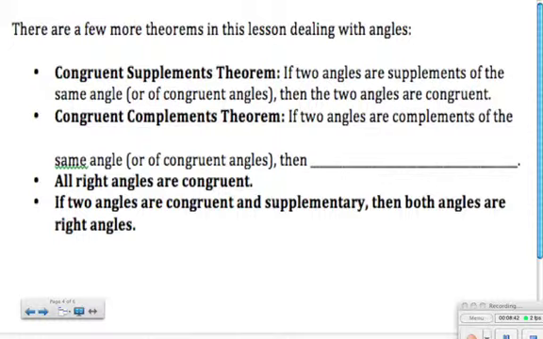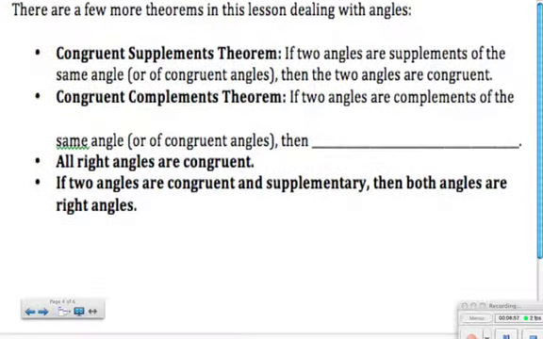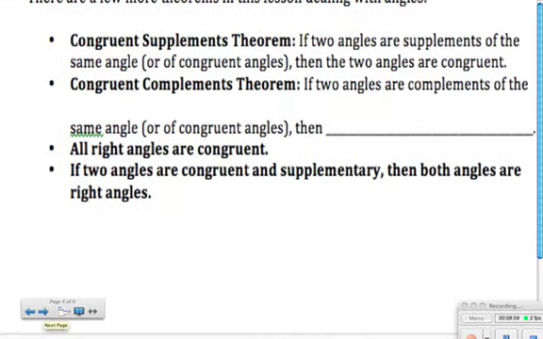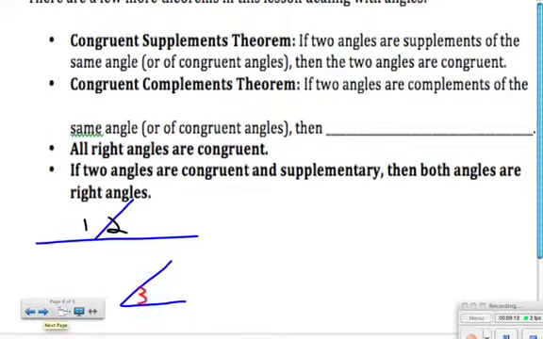The congruent supplements theorem is kind of wordy, and maybe it's weird to understand what they're trying to get across. Here's what they're trying to get across. If I have, let's say, two supplementary angles, 1 and 2, and I have this other angle, angle 3.